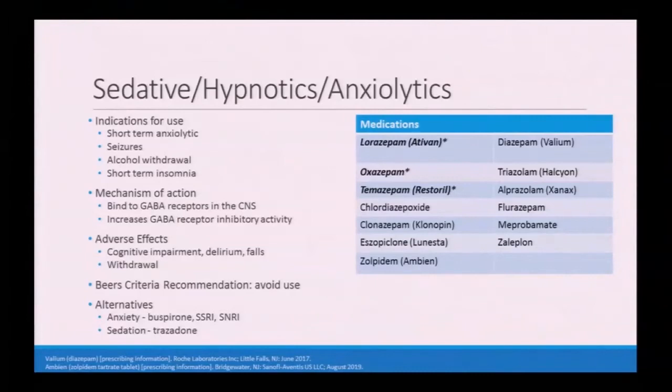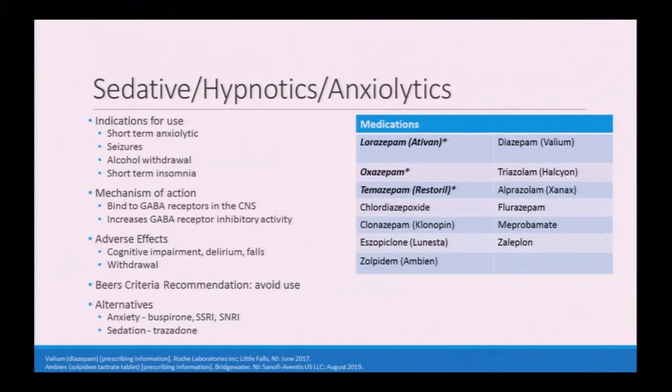For sedatives, hypnotics, and anxiolytics, they're typically utilized for those indications as well as seizures and alcohol withdrawal. They bind to our GABA receptors in the CNS and increase GABA receptor inhibitory activity. They can cause some cognitive impairment, delirium, and falls, and they have a high risk for withdrawal as well.